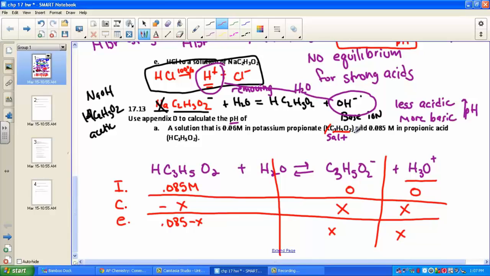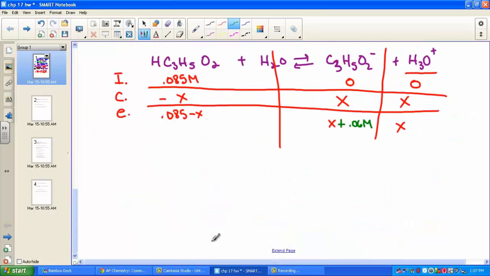The common ion here is the C3H5O2. That goes right here in the equilibrium. Oops, not there. The common ion is C3H5O2 negative. That addition was 0.06 molar. Alrighty.